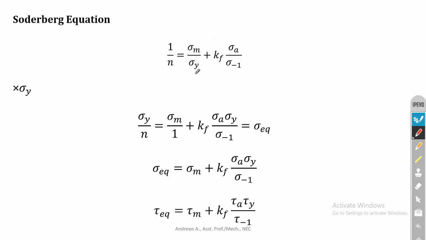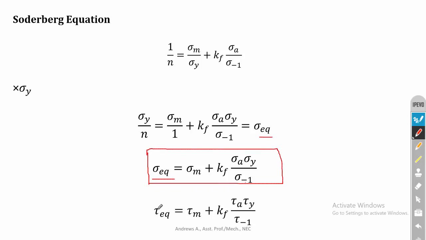Sigma y will get cancelled, plus Kf sigma a sigma y divided by sigma minus 1, that is equal to sigma equivalent. So sigma equivalent is equal to sigma m plus Kf sigma a sigma y divided by sigma minus 1. So this is the equivalent stress equation for axial and bending stresses, that is for normal stress.